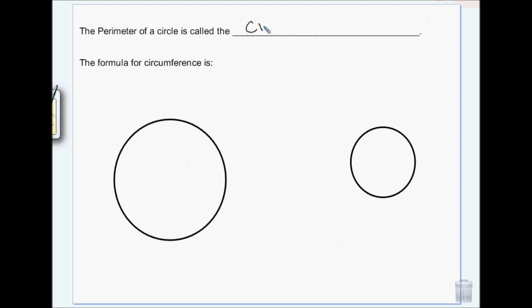The perimeter of a circle has a special name. It's called circumference, but it's still the same thing. It's the perimeter of a circle, and it's the distance around the outside. Okay, so for the formulas for circumference, there are two.